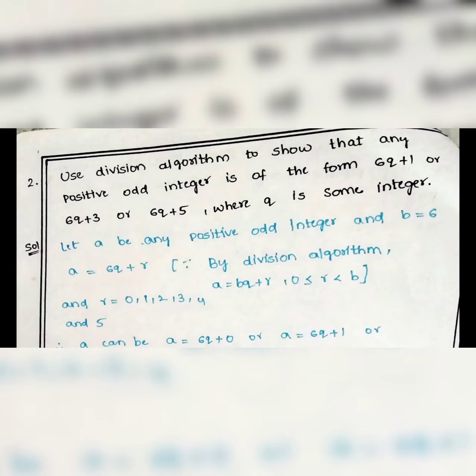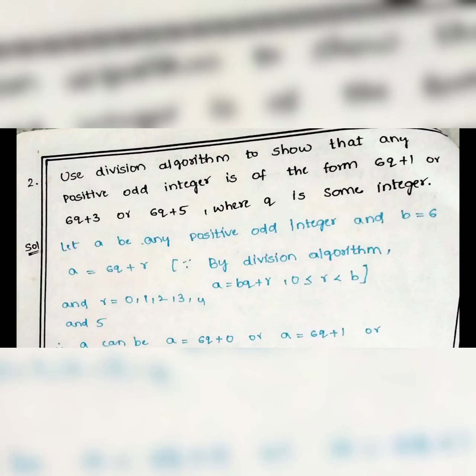Let a be any positive odd integer and b equals 6. So a equals 6q plus r, since by division algorithm a equals bq plus r, 0 less than or equal to r less than b.